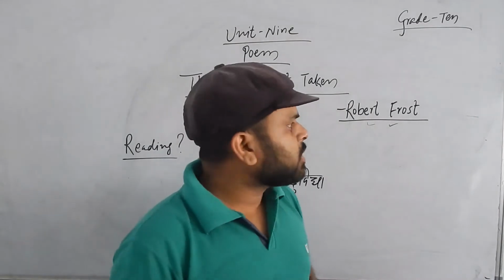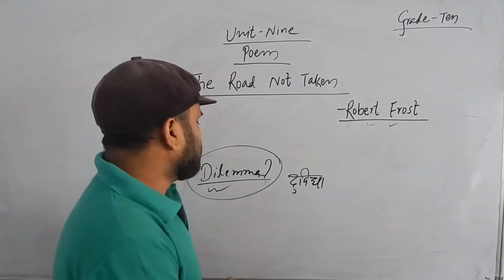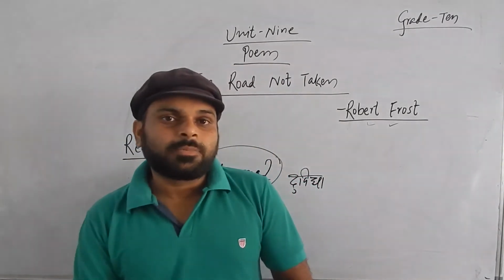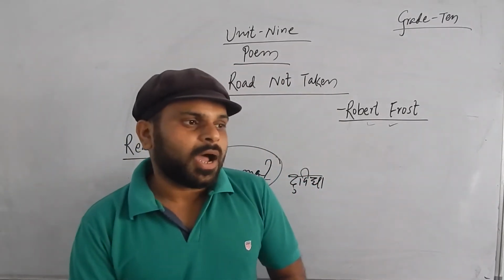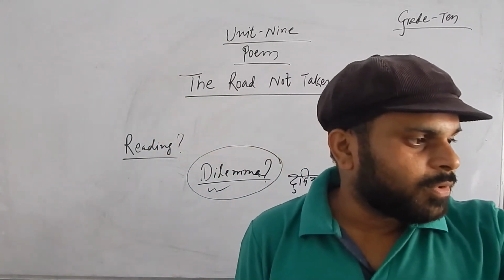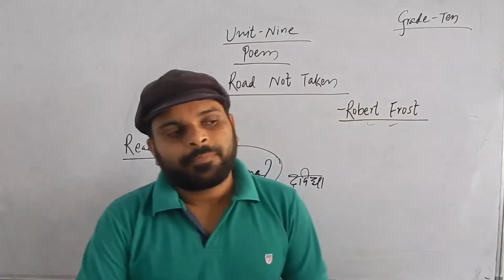So the major concern in this poem is dilemma. Before the start of the poem, you have been asked to read the poem by Robert Frost and find out why he is in dilemma.